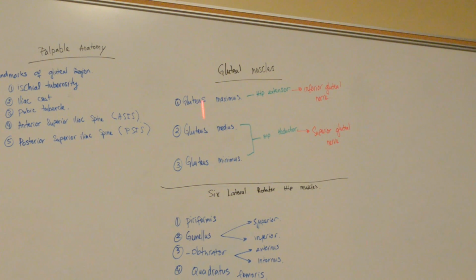All of them end in gluteus. The gluteus maximus is the hip extensor, and it's innervated by the inferior gluteal nerve. Gluteus medius and gluteus minimus are the hip abductors, and they are innervated by the superior gluteal nerve.